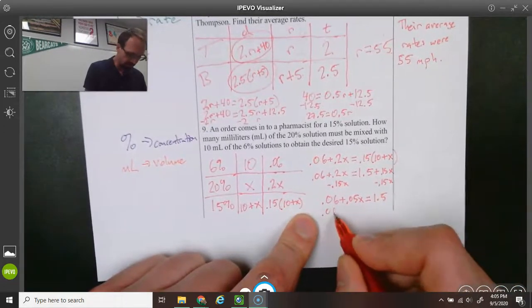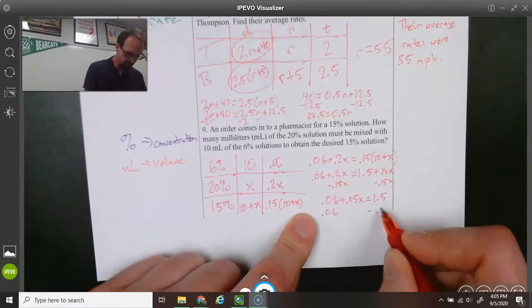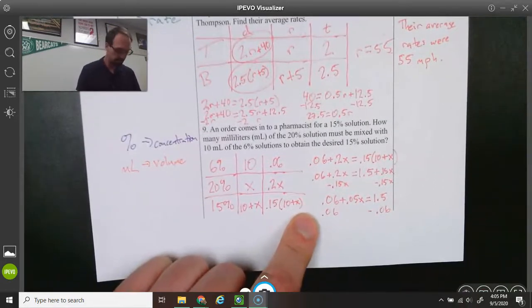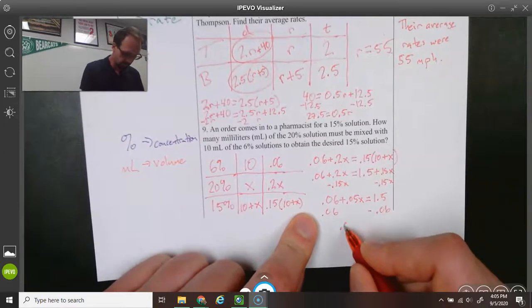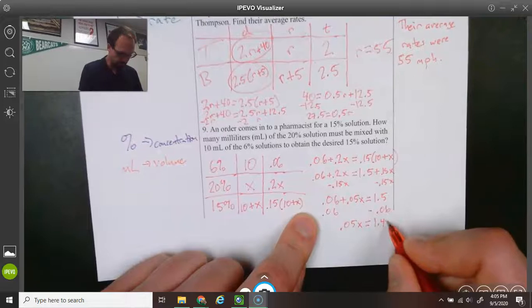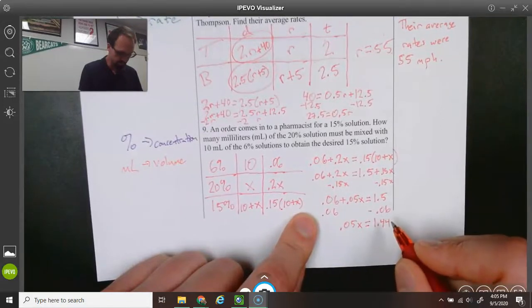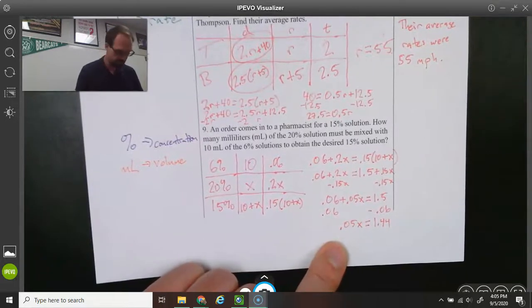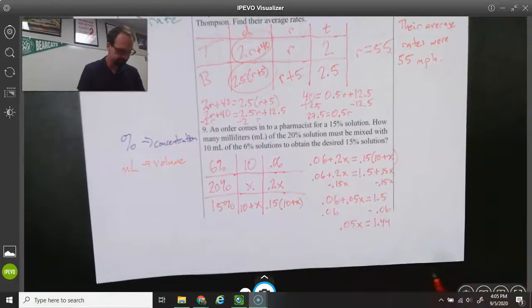Minus 0.06 on both sides, I have 0.05x equals 1.44. Where did I make my error?